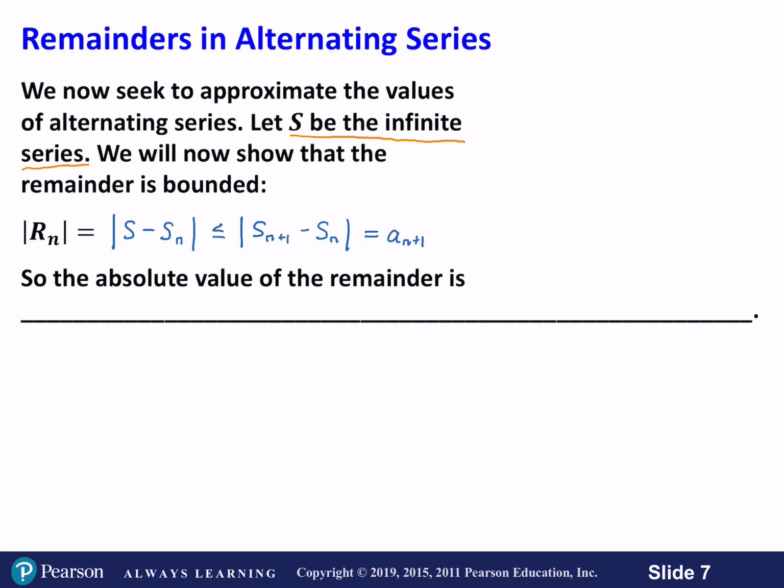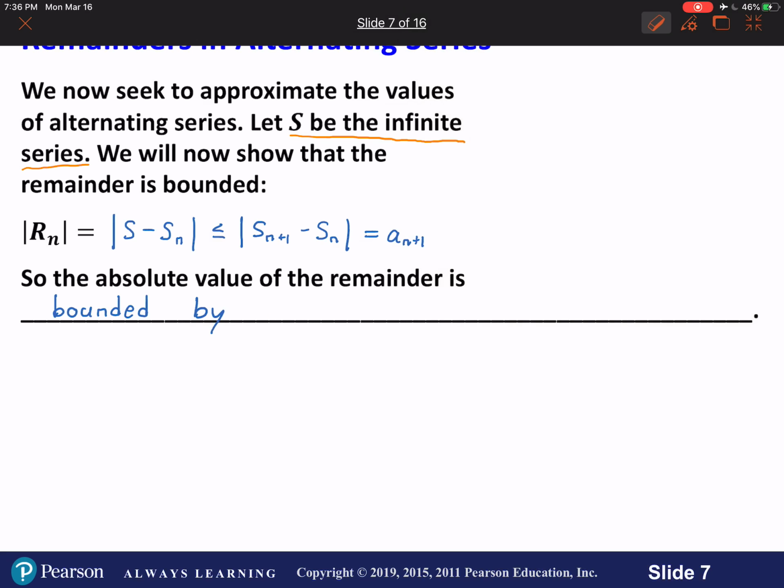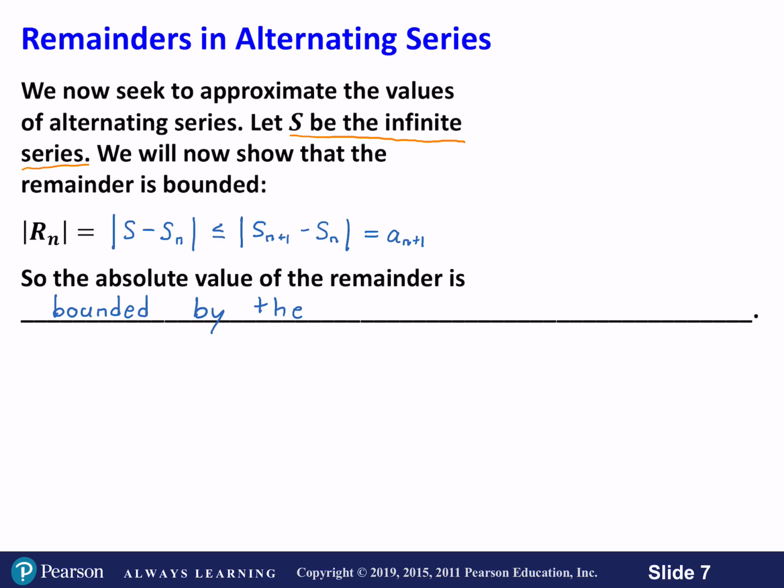And the conclusion here is that the absolute value of the remainder is bounded by the first omitted term, and the term is An plus 1.